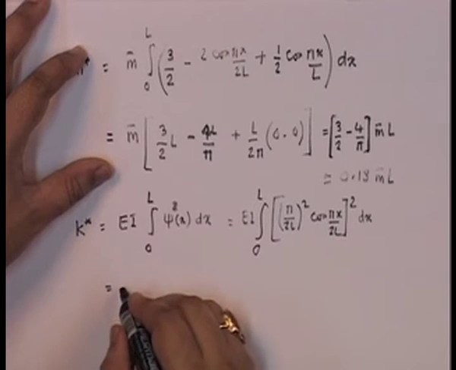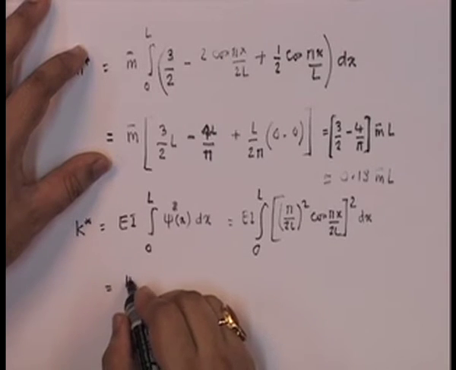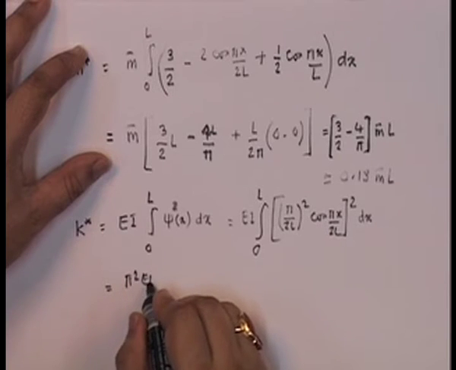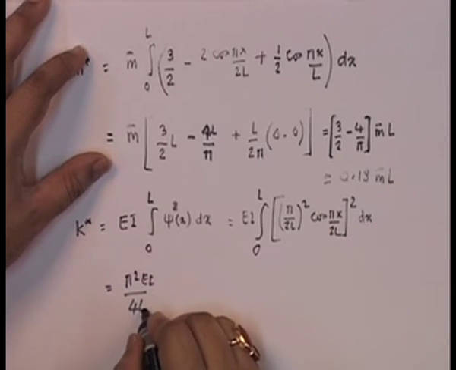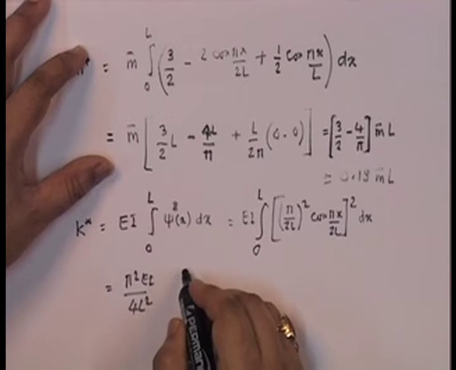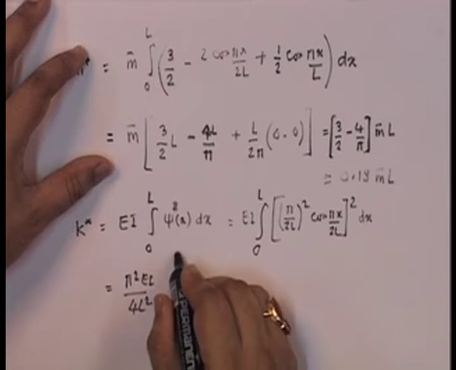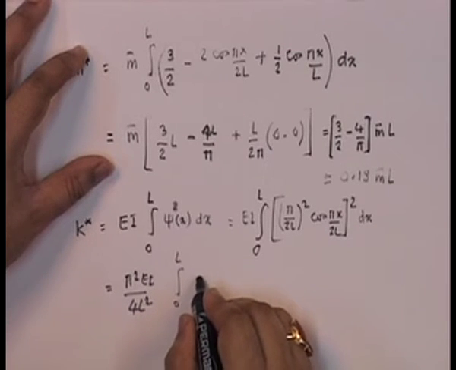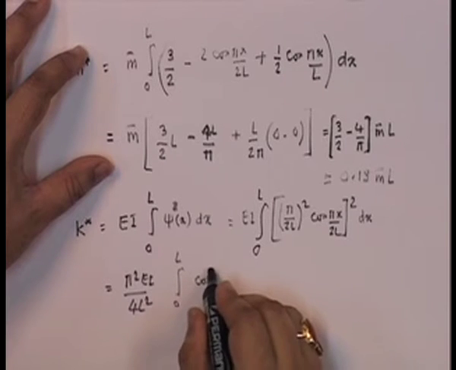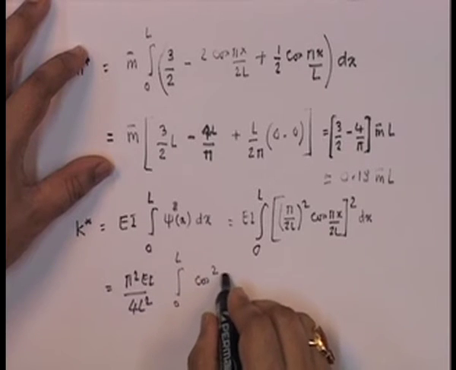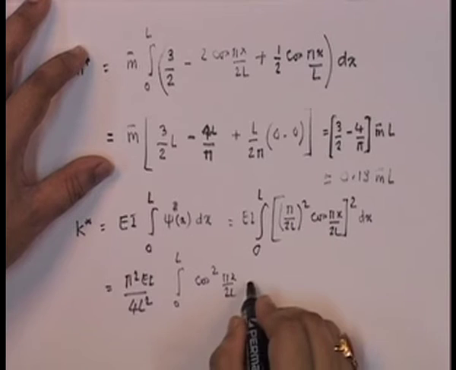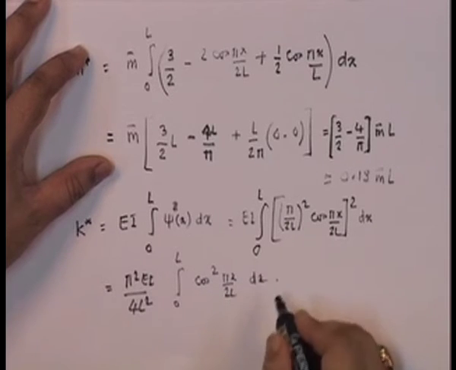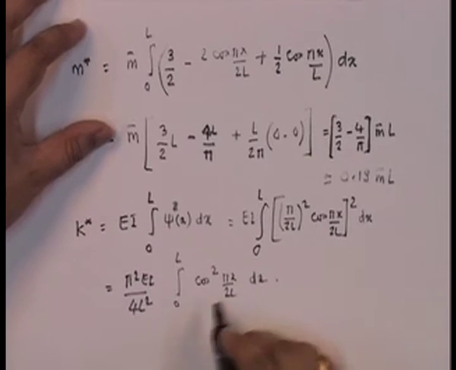So, this is equal to pi squared EI upon 4L squared into the integral 0 to L cosine squared pi x upon 2L dx, and this we have already seen what it is equal to.